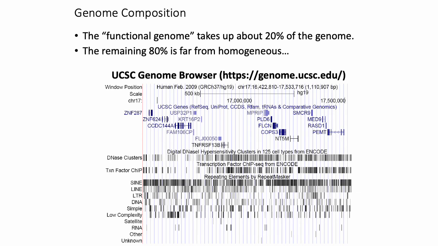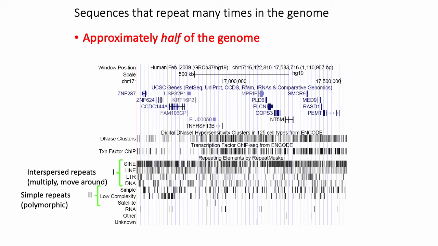The point of showing you this diagram is that across this section of the human genome, you see a lot of black rectangles in those rows corresponding to repetitive sequence, much more than the portion of the genome that's covered by the genes or the DNA hypersensitive sites and things like this. Cumulatively, these repetitive sequences cover about half of the genome.